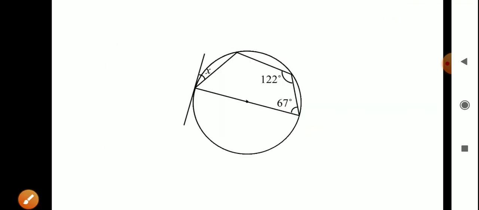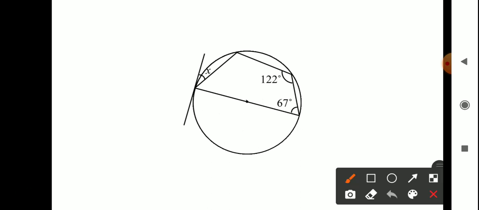Okay, the first question. Remember to download this question. Don't draw. If you want to draw, it's not difficult. So how to solve this problem? Just ignore this tangent first. Ignore later. We see it involves two types of property.